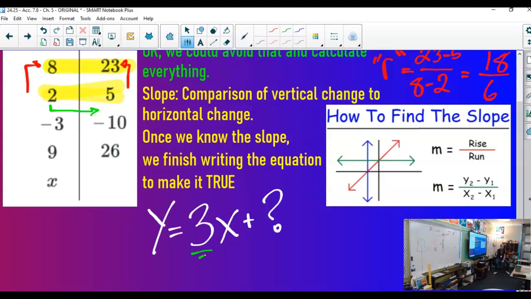So what do I need to do to get to the correct y, Jack? Subtract 1. Let's check that again. What do I get if I do 8 times 3? 24. Do I also need to subtract 1 there? Yes. Double check it. What's 9 times 3? 27 minus 1.